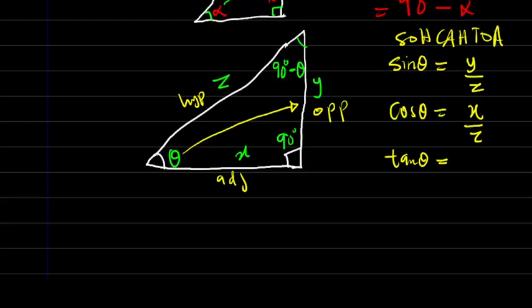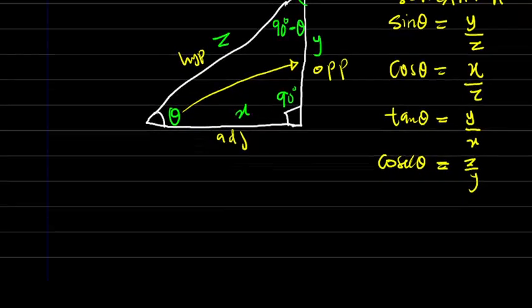Tan theta is opposite over adjacent. So moving on, from sin theta, we can get cosec theta, that is 1 over sin theta, and that's z over y.